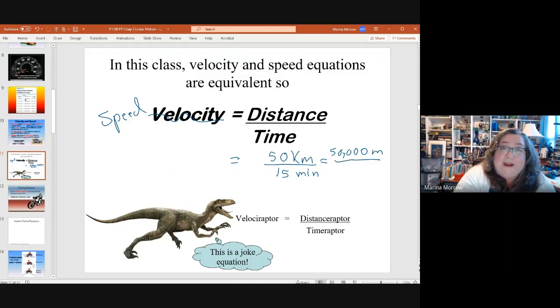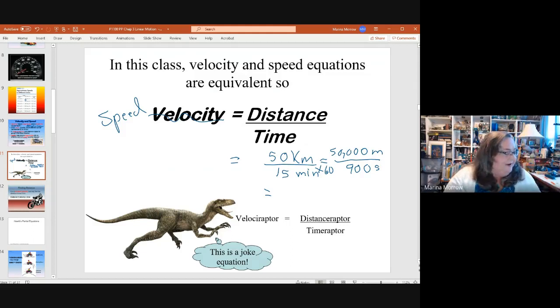And 15 minutes, we're not going to want that in minutes. We're going to want that in seconds. So you want to go 15 times 60, which is going to be 900, I believe. Now we're going to get this in meters per second instead of kilometers per hour like we did last time. Let me grab my calculator. So 50,000 divided by 900.